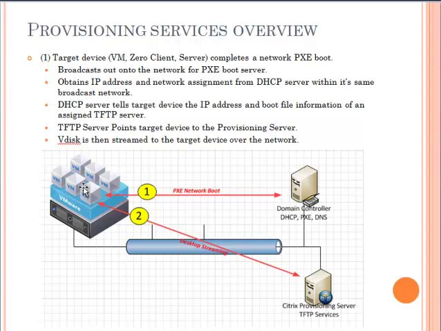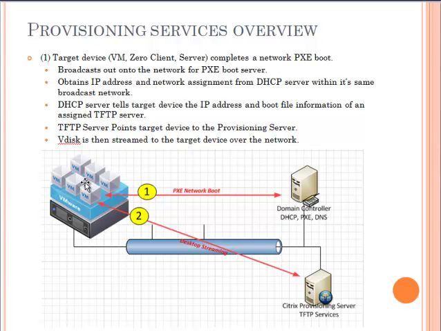With provisioning services, most commonly you'll see it used with virtual machines, but it can be used with physical zero clients, and it's also used with servers that require a static base OS disk, a disk that doesn't really need to change, such as web servers. It's commonly used with the XenApp services and things of that manner.